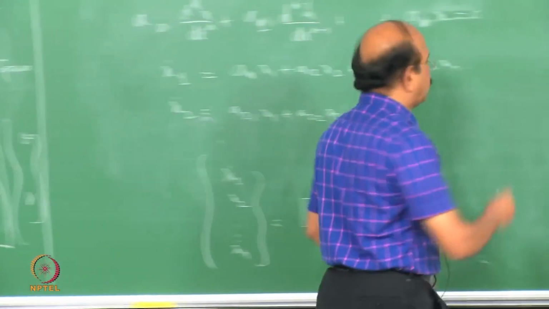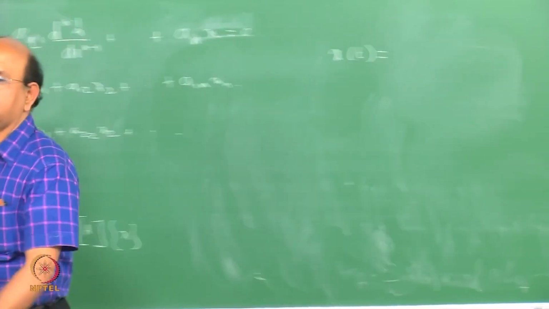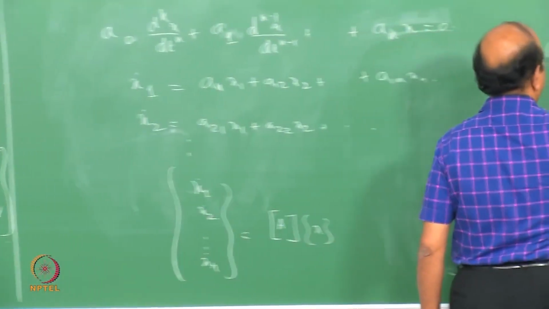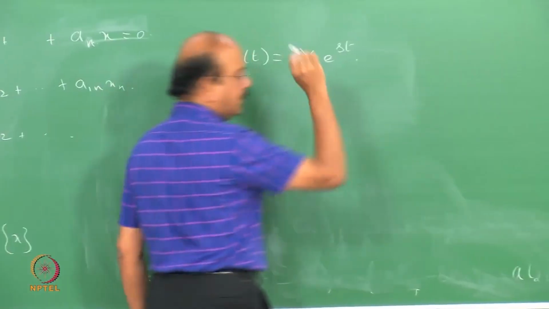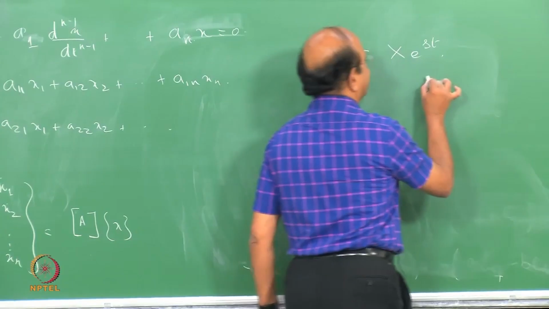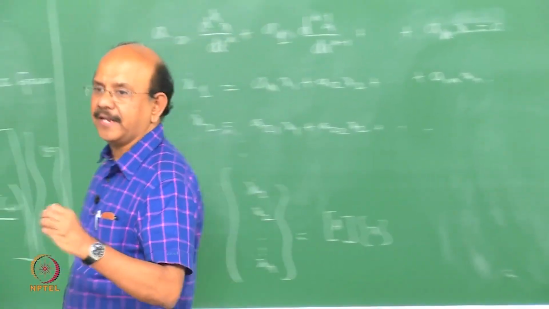If I want to look at the solution of this equation, the solution can be written as x of t is equal to X e power st. This form is valid only if we have certain characteristics for s.